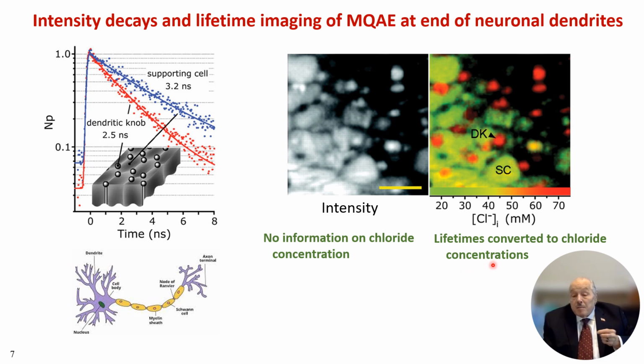The lifetime imaging could be converted into chloride concentrations, and the lifetime indicated that the chloride concentrations were much higher in the dendritic knobs than they were in other parts of the cell body. So you can localize the probes. Well, you can, if you measure fast enough, it's not going to leak out, and you can get the measurements done.